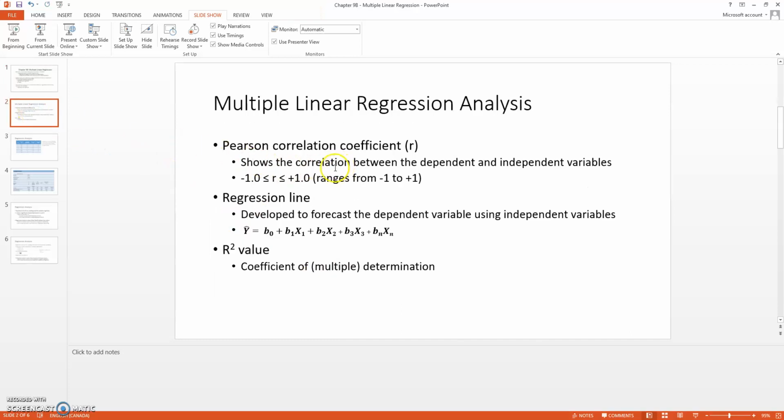So once again, Pearson correlation coefficient R ranges from -1, showing a perfectly negative correlation, to +1, showing a perfect positive correlation.